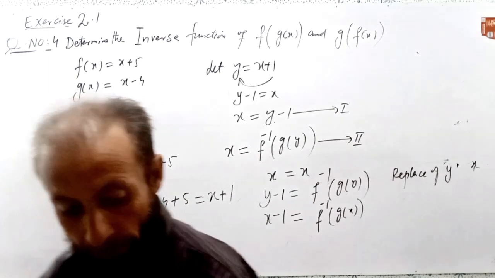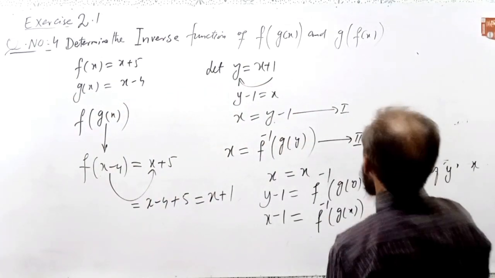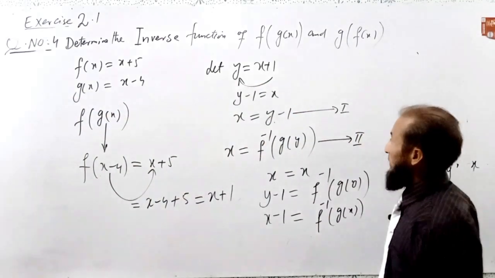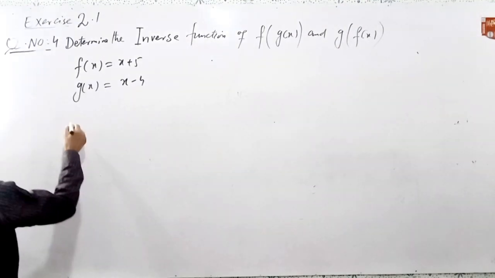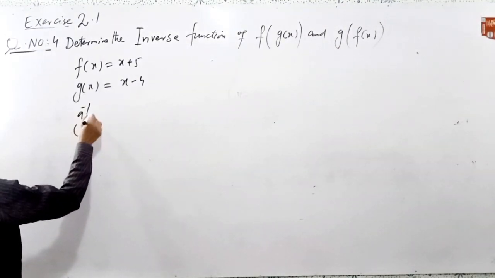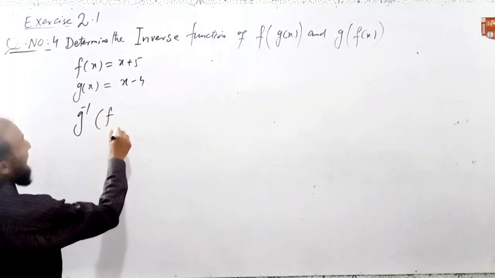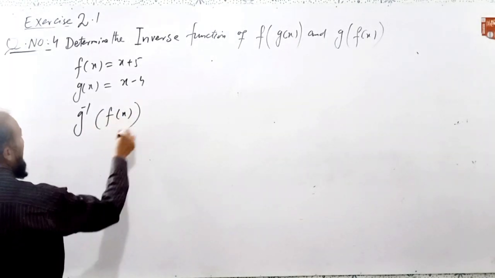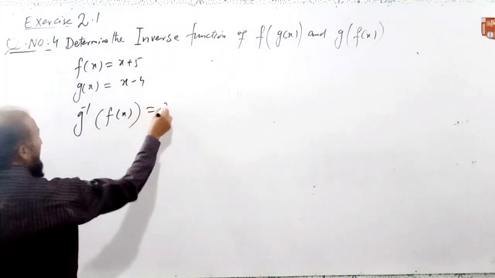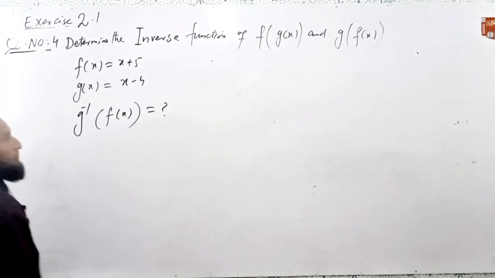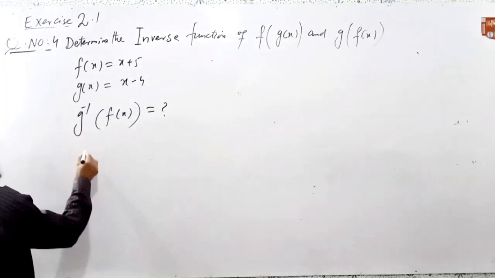Similarly, if we find the g inverse function, g inverse of f of x, this is unknown. First of all, we find g as the function of f of x.